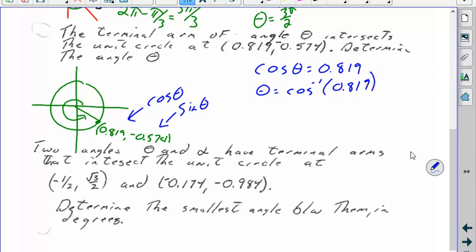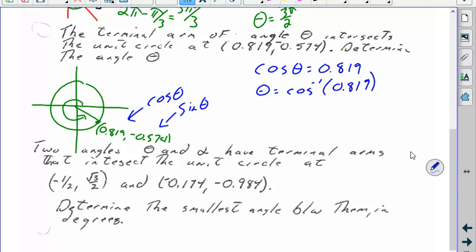We do not have a special angle that has 0.819. I have no idea what that angle is. So I'm going to have to use my calculator. I'm going to ask you to turn your calculators into radian mode, please. I would say all of you are in degree mode right now from trig or from physics. So go to mode, which is next to the second function button, and highlight radian, please.